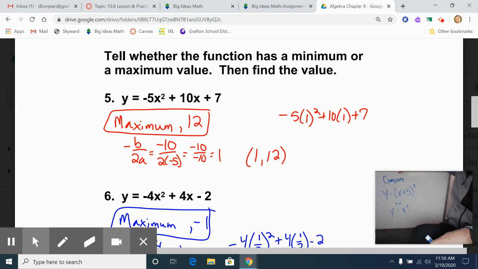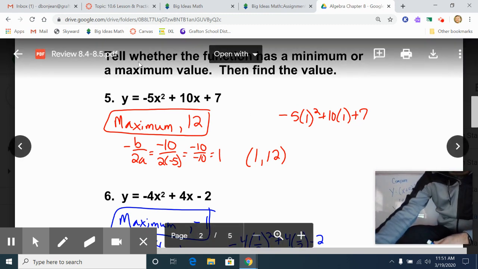If it were like (x minus 4) squared, with the x minus 4 in parentheses, we would say it would be a translation 4 units to the right. So number 3 on your quiz is as simple as that. You're just comparing a graph of something with the x plus 5 in parentheses, for example, to the graph of y equals x squared. So it's going to be some type of horizontal translation.